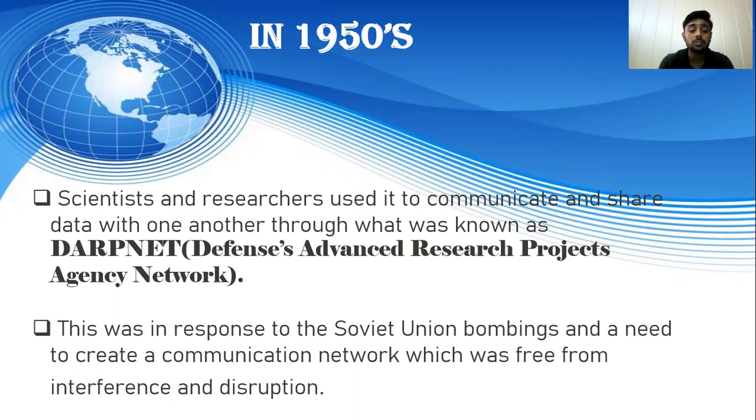It was the best network at that particular time, as the situation was harsh, with bombings, wars, and firings all around the world. Still, they were able to make such a good communication network, which was free of interference and disruption. There was no interference regarding this network, and that was really unique.